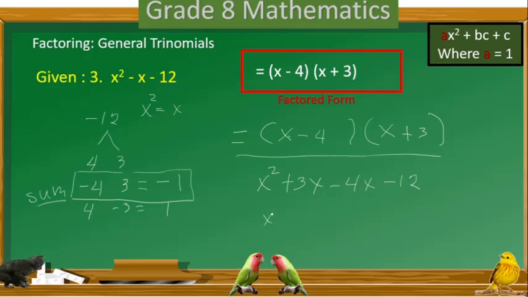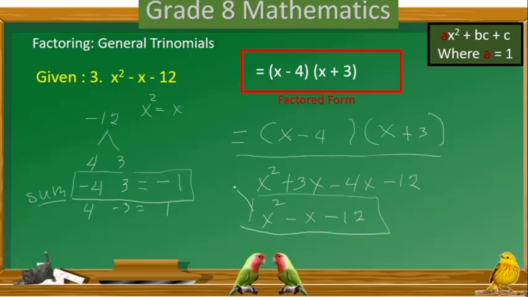So combine all like terms, we have negative x, then negative 12. So is this the same as the given? Okay, let's say that this answer is correct.